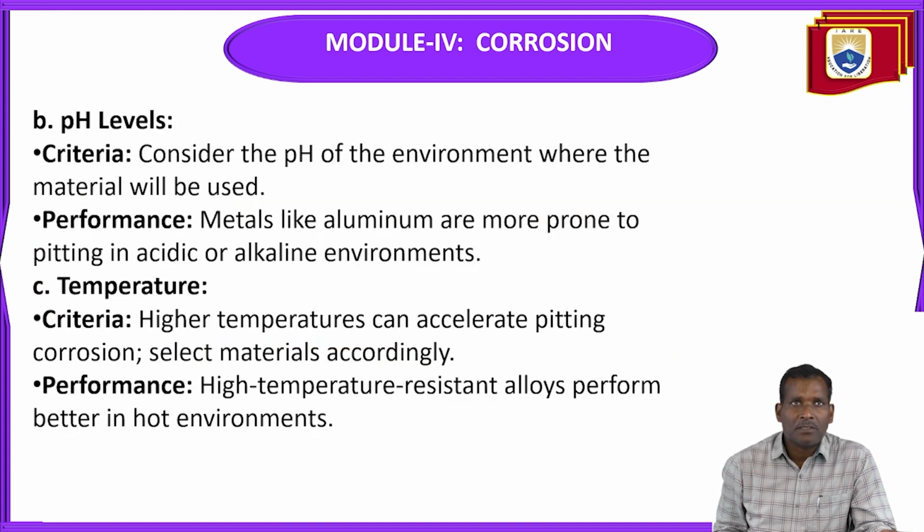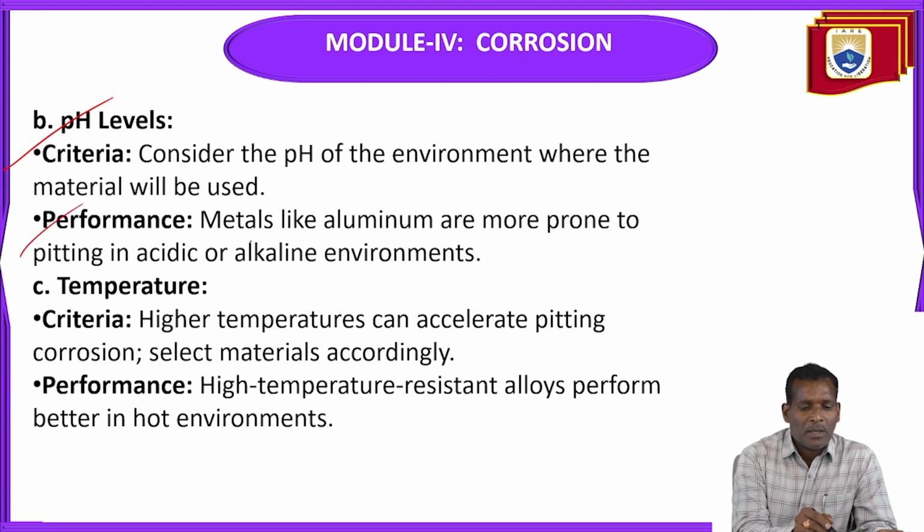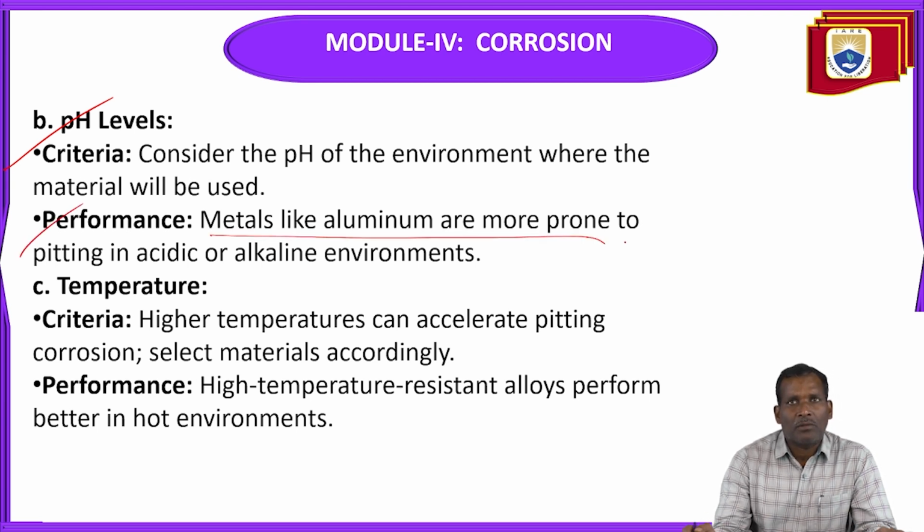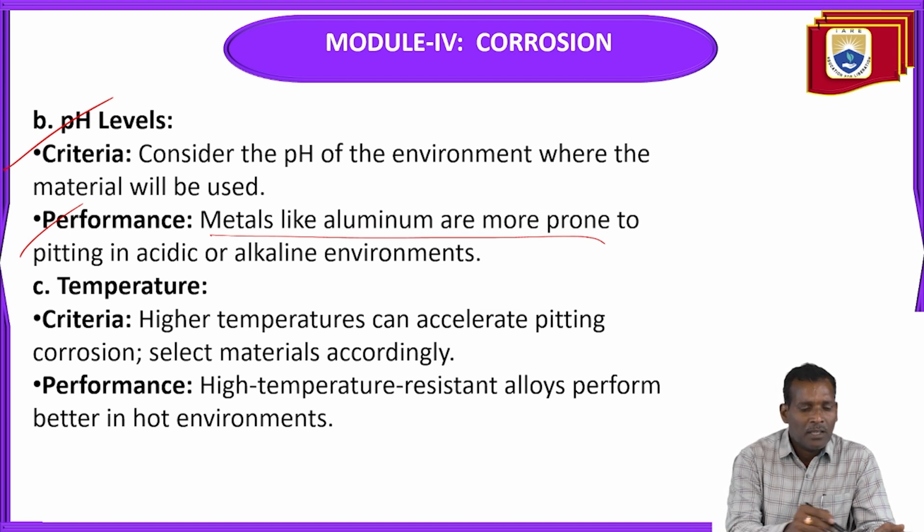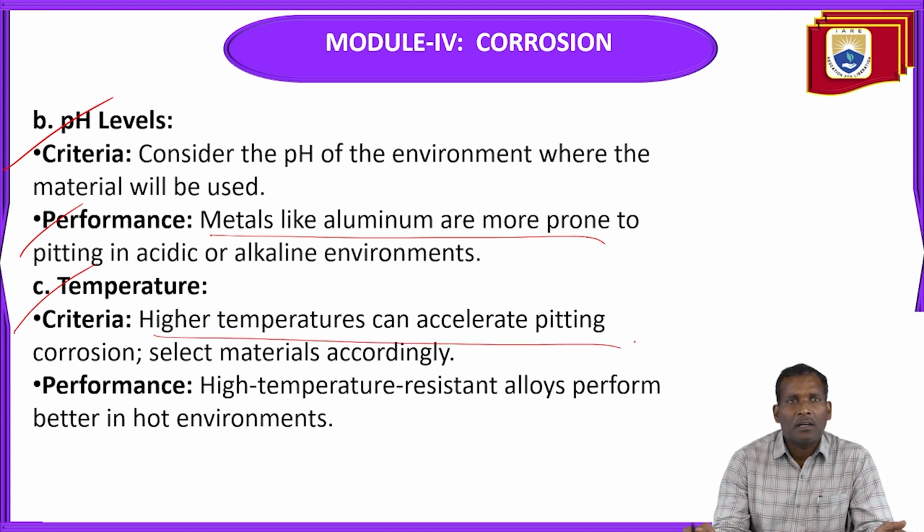These conditions also influence the corrosion rate, as do pH levels. The criterion is to consider the pH of the environment where the material will be used. Metals like aluminum are more prone to pitting in acidic or alkaline environments. For temperature, higher temperatures can accelerate pitting corrosion, so select materials accordingly.